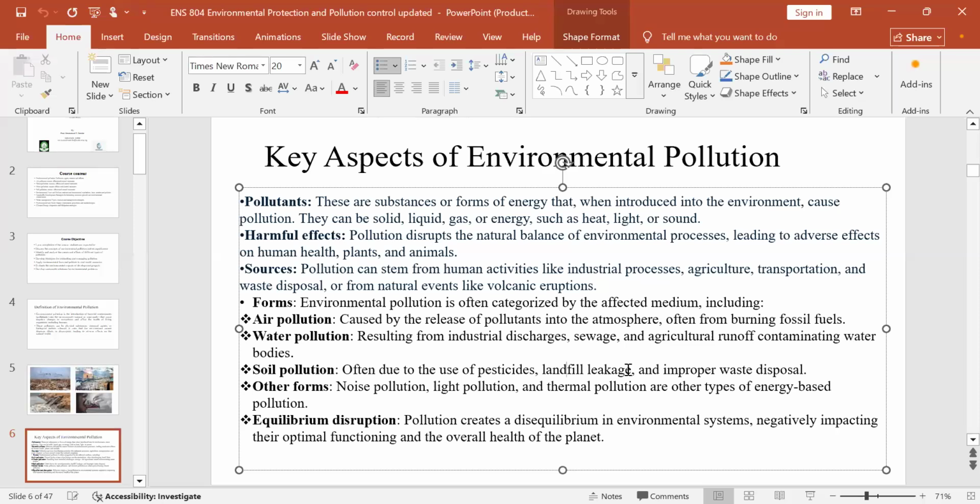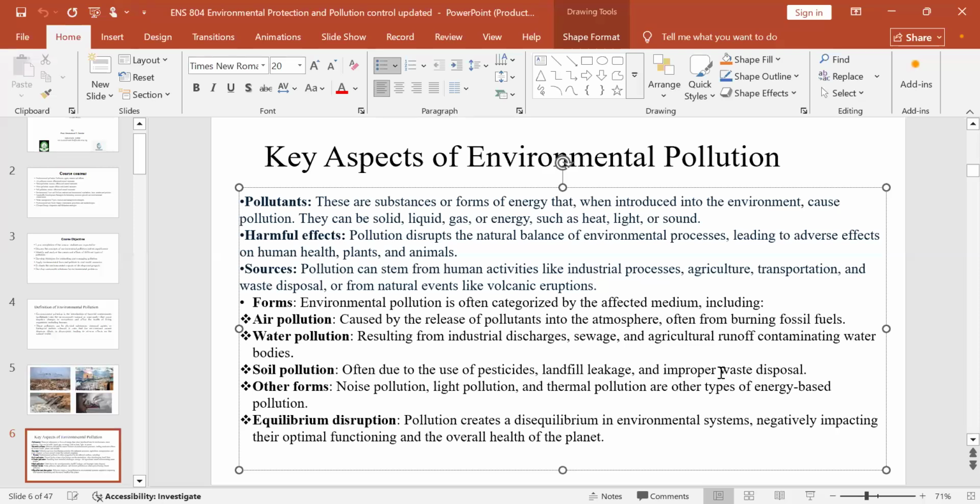They leach into the soil and return pollutants. So that causes soil pollution, and this can be taken up by plants. When you plant crops around those areas, they will feed on these leachates, and then it ends up in the human system through ingestion.